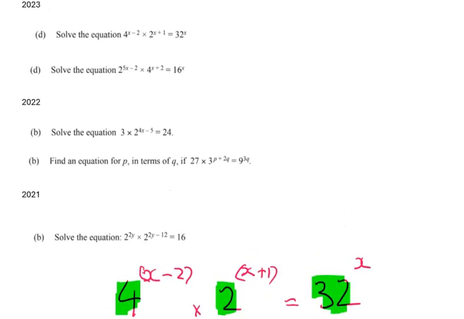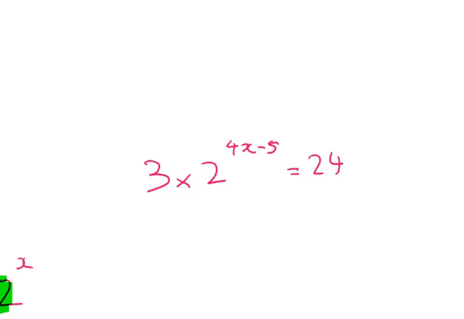Okay, in this next one, we have something slightly different. We have this 3, and we have this 24, and we're not loving that because that's not a power of 2 or 3. Well, the first undoing step in here is to divide both sides by 3.